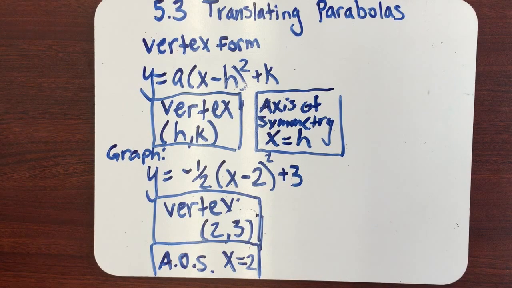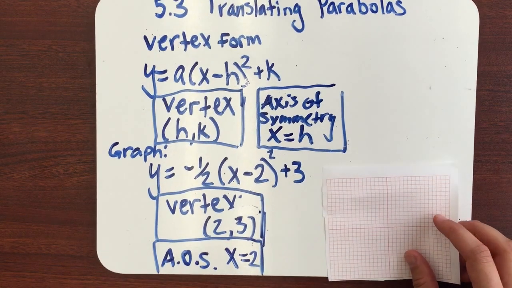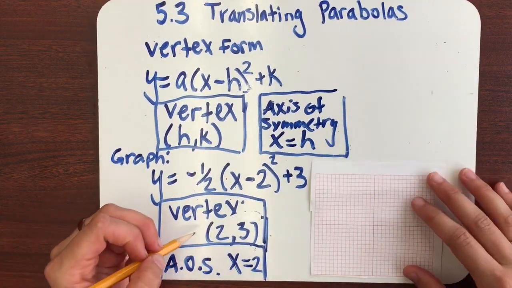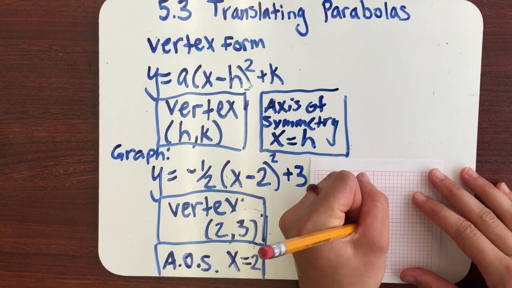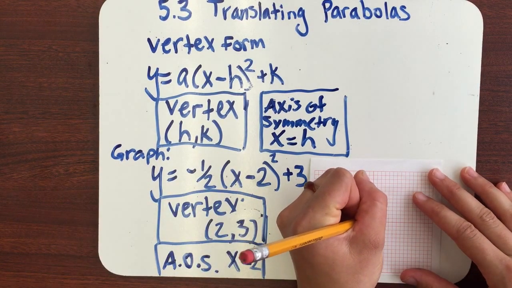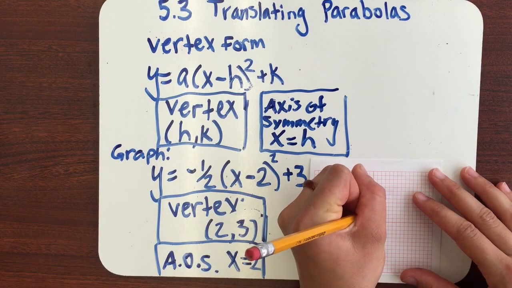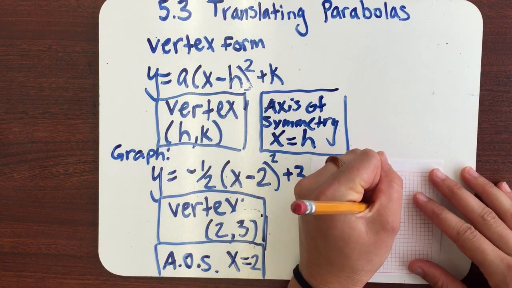After we have those two things, we're going to find another point. We can first graph the vertex of (2, 3): go over 2 and then up 3, 1, 2, 3, and here's our vertex.